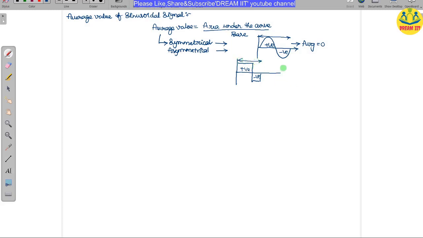So for symmetrical waves, the average value is calculated only for a half cycle. For asymmetrical waves, you have to take one complete cycle. That is the basic difference between symmetrical and asymmetrical waves.